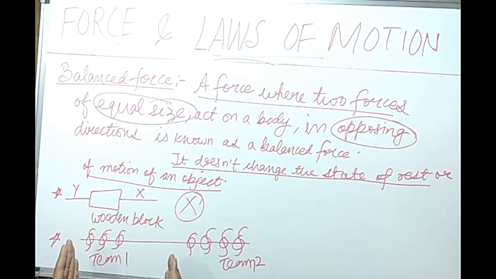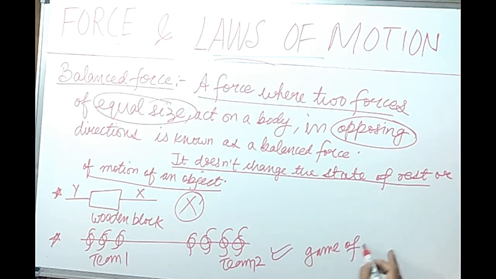Both the teams are applying equal force in opposite directions. So neither team is able to pull the opposite team towards itself. They are applying balanced force. The second example we have taken is the game of tug of war.